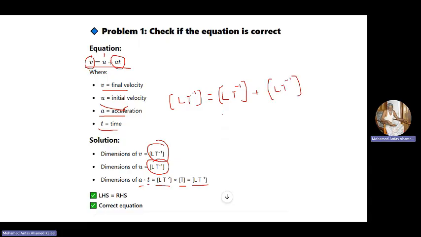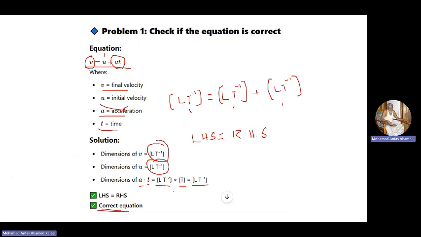Each term is equal, and the left hand side dimension is equal to the right hand side. Hence, the given equation is correct.